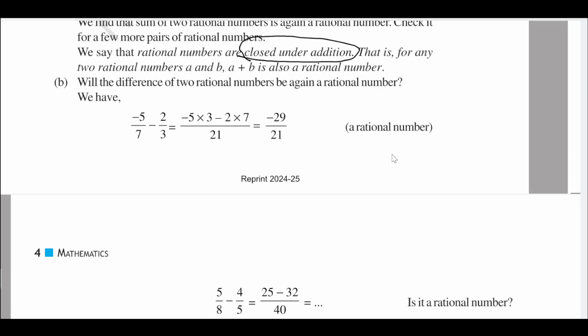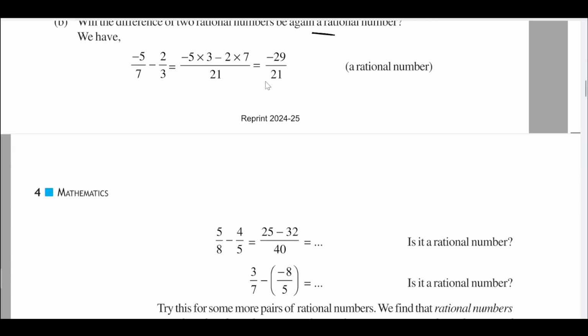Now next we have to see whether the difference of two rational numbers is a rational number, that is, whether rational numbers are closed under subtraction. Here in the example, minus 5 by 7 minus 2 by 3, we got minus 29 by 21.